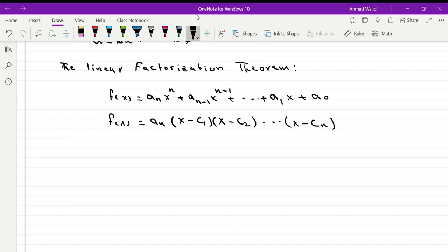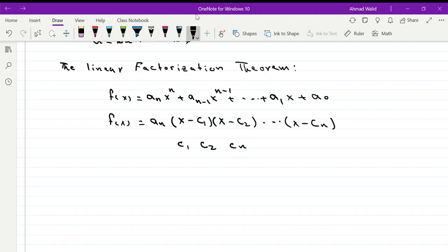in parentheses here, c1, c2, cn, they are numbers, correct? They are complex numbers, or maybe not always complex, in your book it's mentioned as complex, but possibly they may be real, correct? These are the factors of a polynomial function.